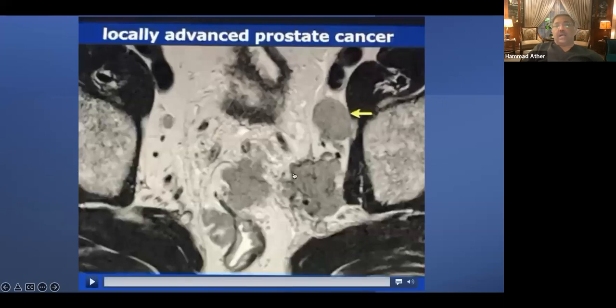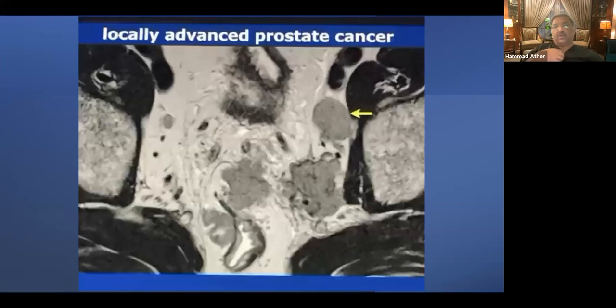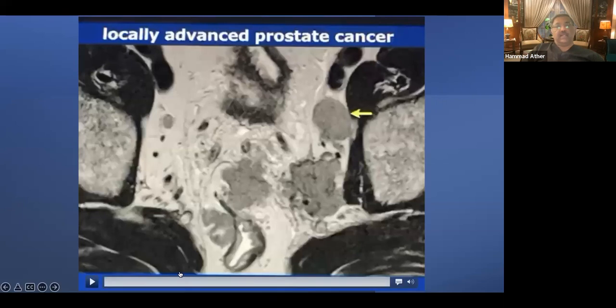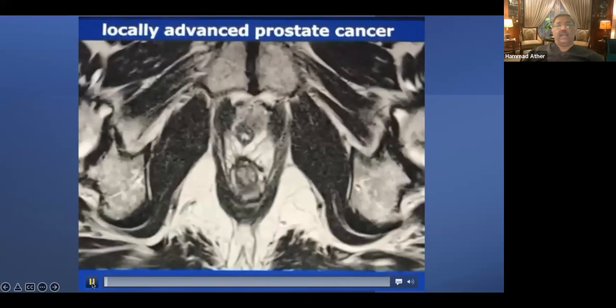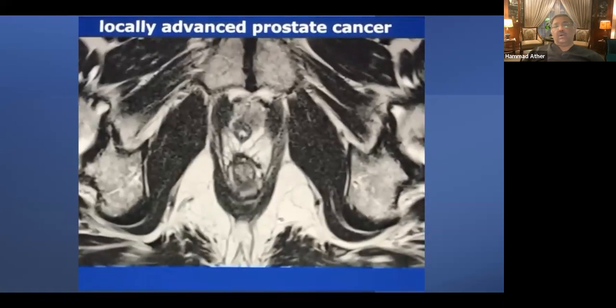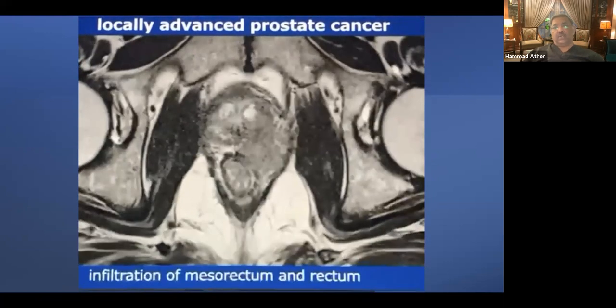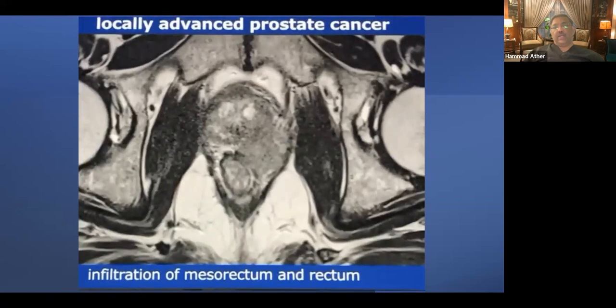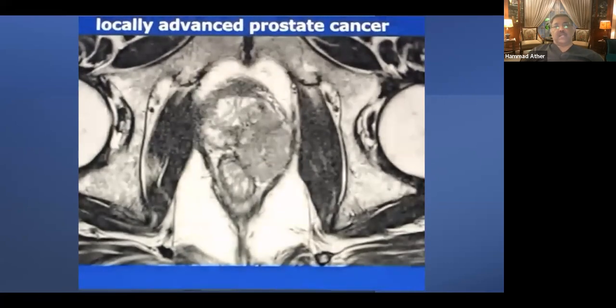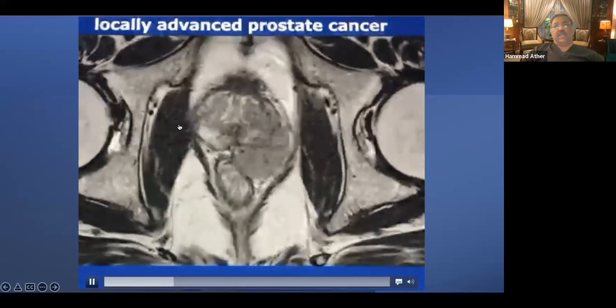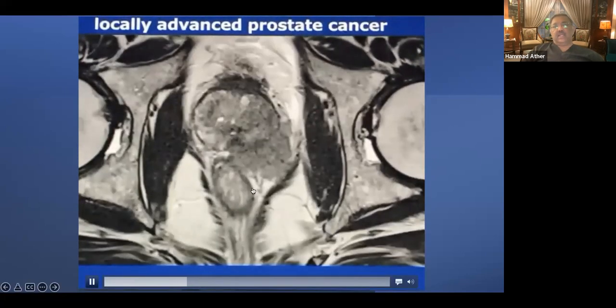So you see how by following certain very basic rules, you can really understand the anatomy on MRI, something that myself included were really afraid of when looking at the MRI scans, because we wouldn't be able to understand. But now you can see the anatomy so well and understand it.